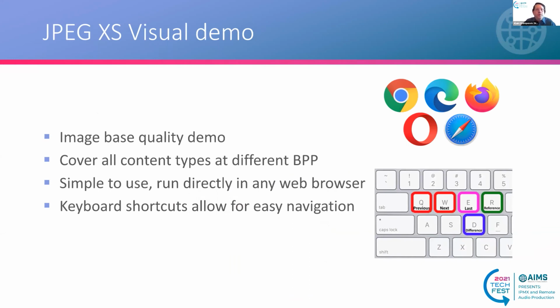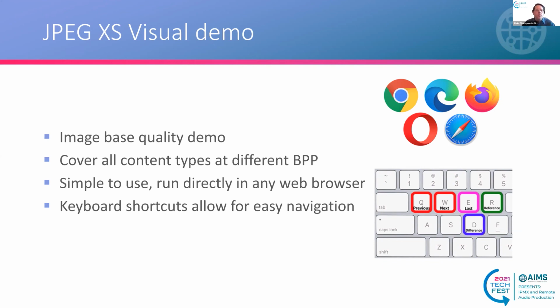So to put JPEG-xs compression to the test and see its impact on visual quality, Matrox did several evaluations, both objective and subjective, including synthetic use cases and codec breaker scenarios, to really understand the range and limitations of the JPEG-xs codec.